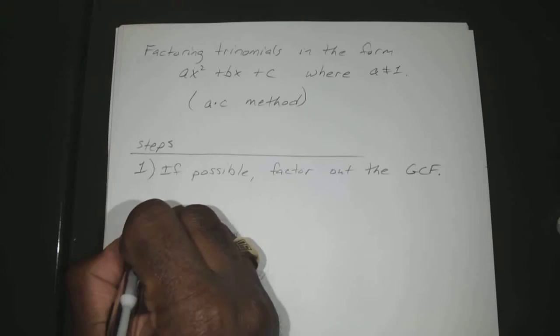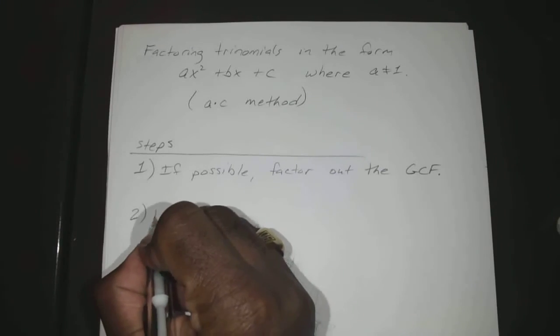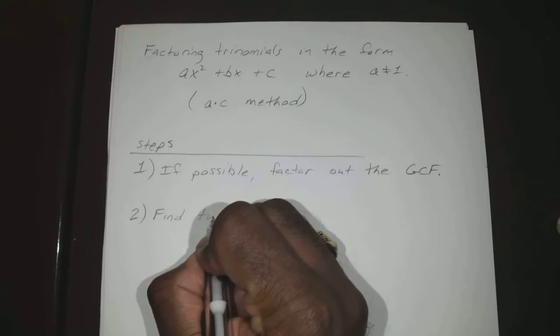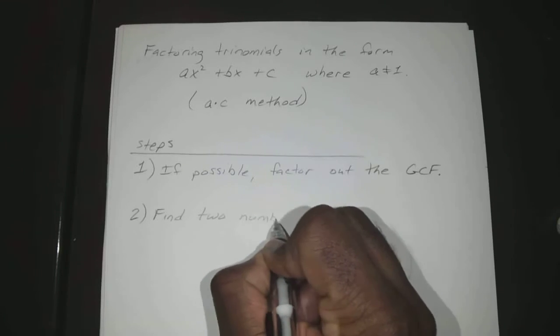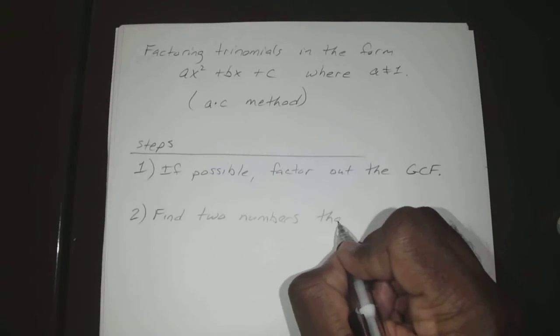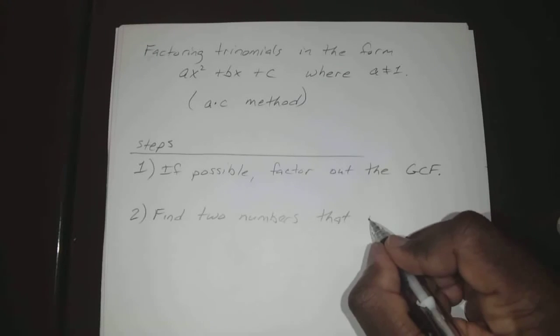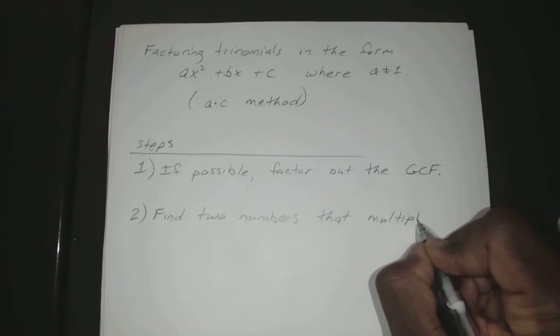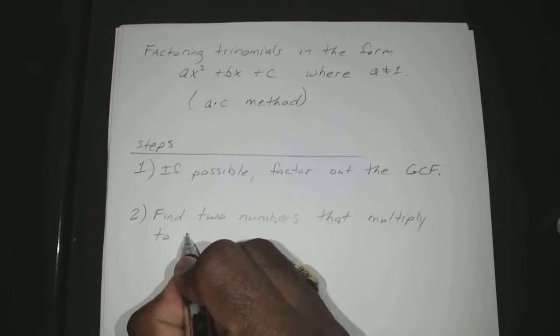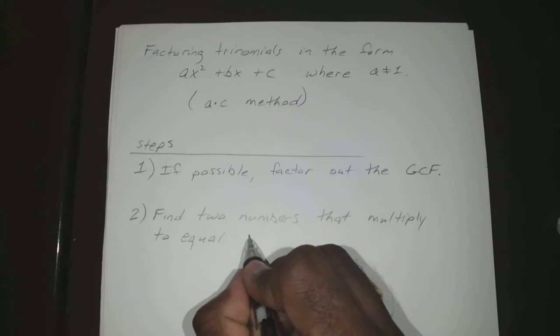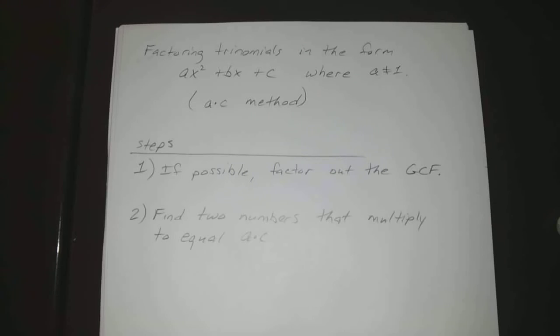Step 2, you want to find two numbers that multiply to equal a times c and add together to equal your b.